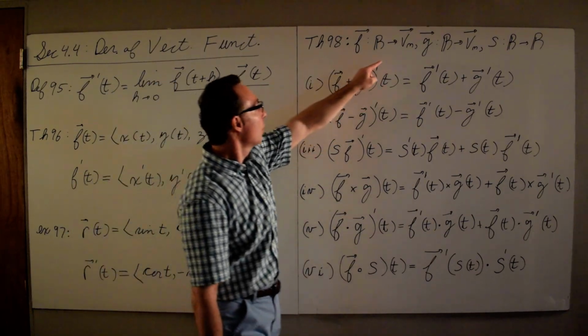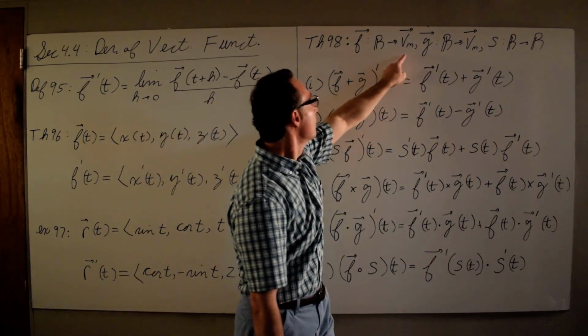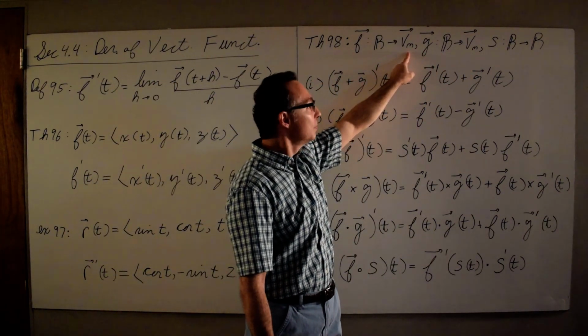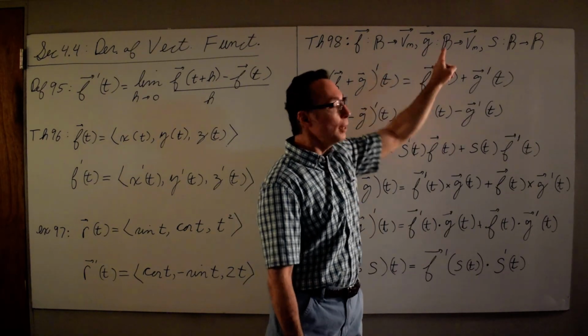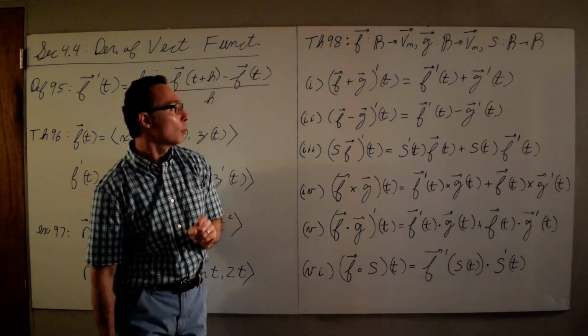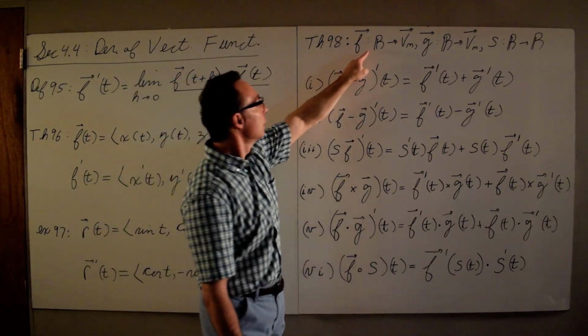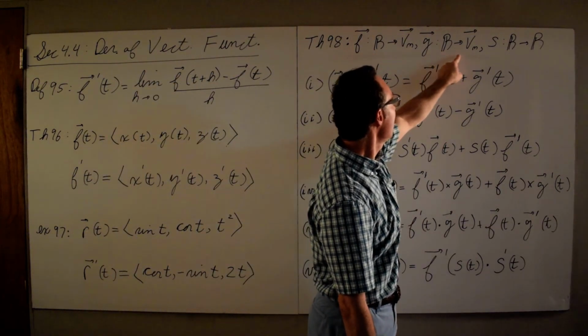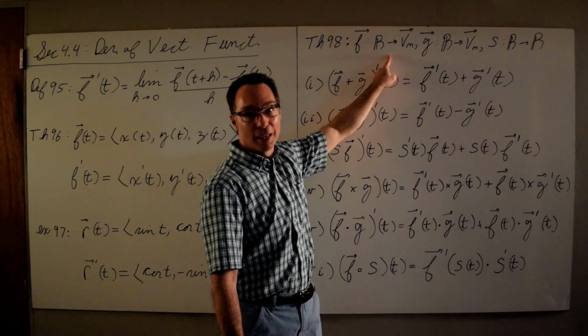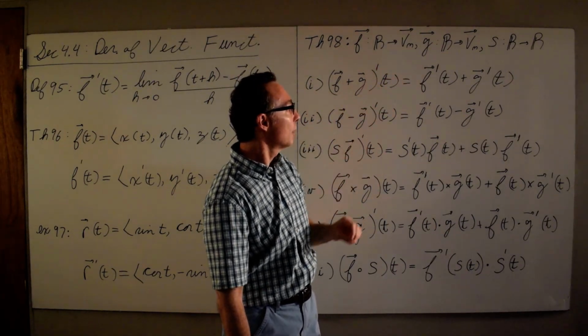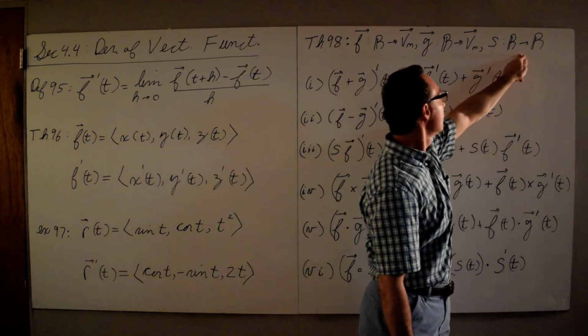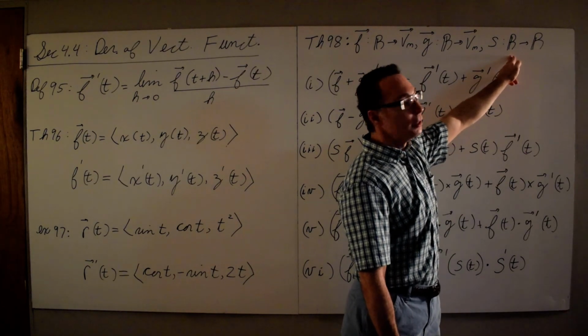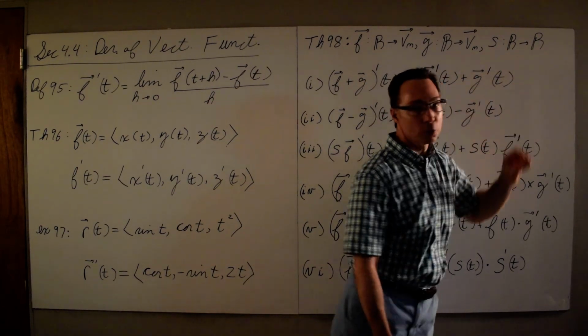In the notes I wrote R3 here. I would have rather written V3, but really there's nothing special about 3. So f is a function from R into Vn. That's okay, I like Vn better. s is a typical real-valued function, so s goes from the reals to the reals.